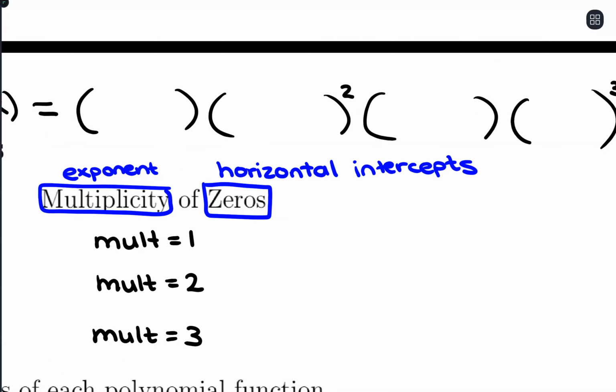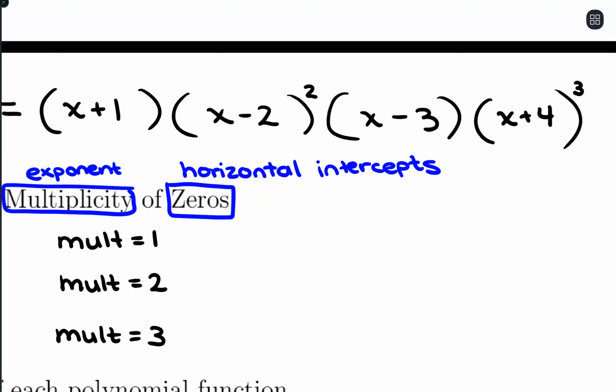Let's say we have (x + 1)(x - 2)^2(x - 3)(x + 4)^3. That right there is a polynomial, and each of these factors has a multiplicity.